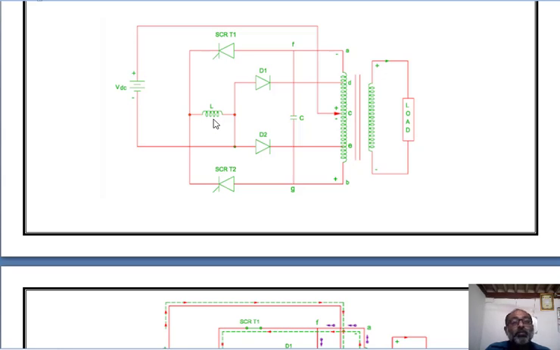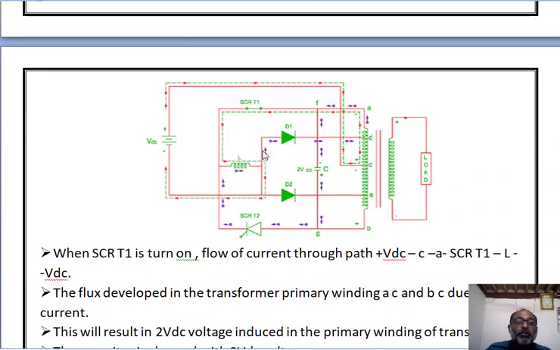Now at that time, at a particular interval, whatever stored energy is across this capacitor is fed back to the circuit by using diodes D1 and D2. So now let me see how it will work.